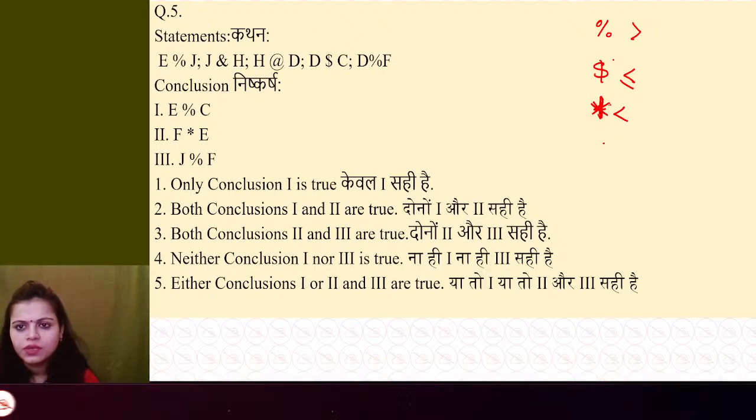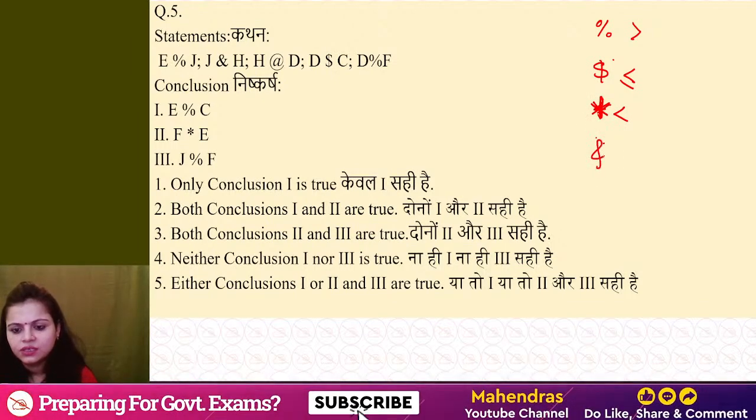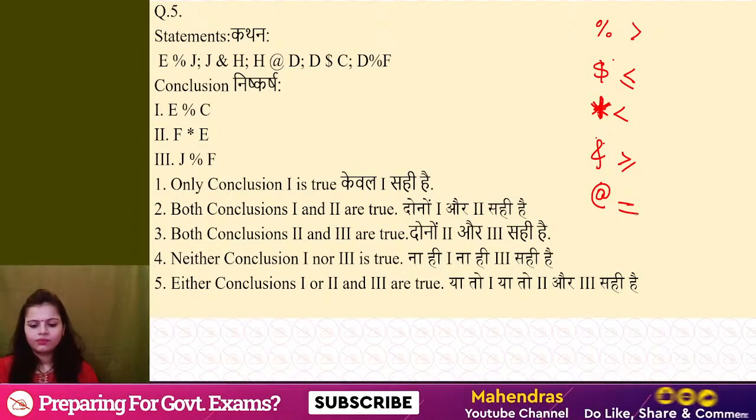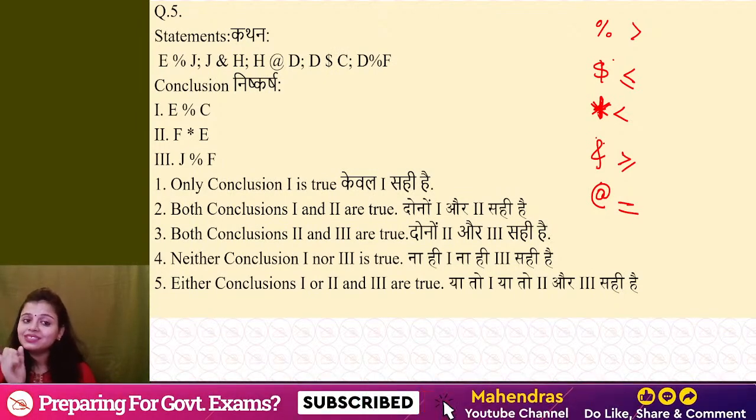Sorry. Asterisk means less, and means greater equal, at the rate means equal. Just connect the statement correctly with the help of sign. Okay.